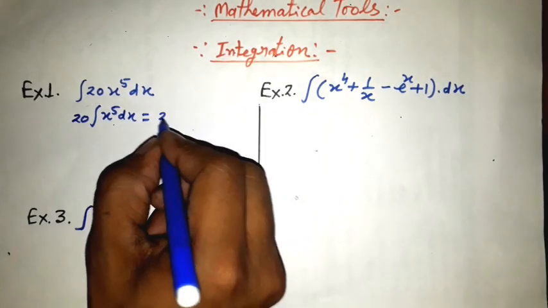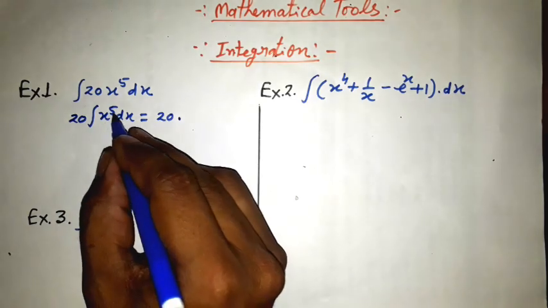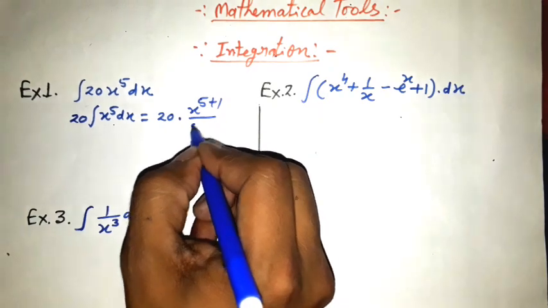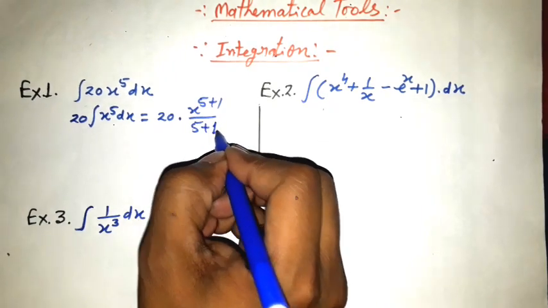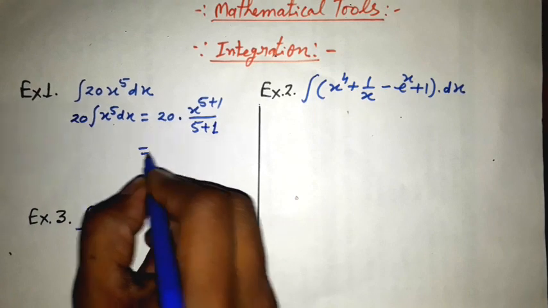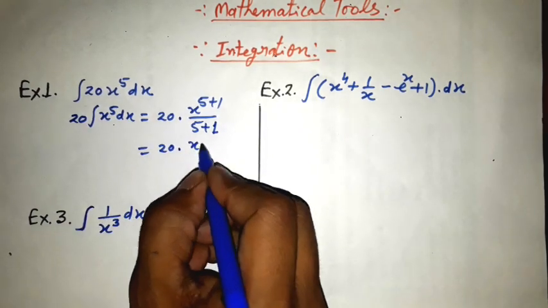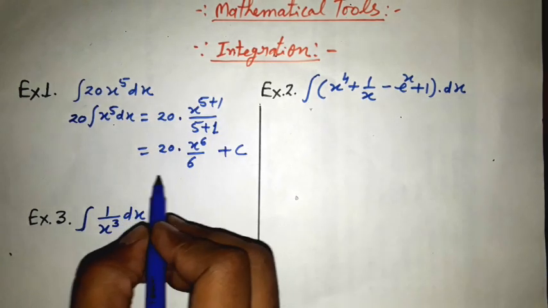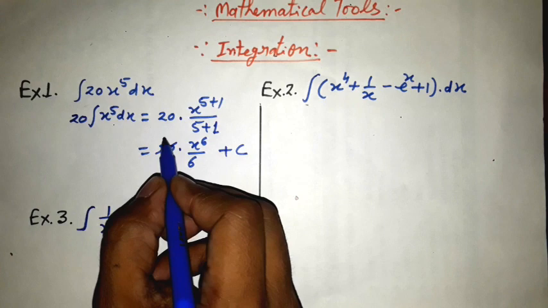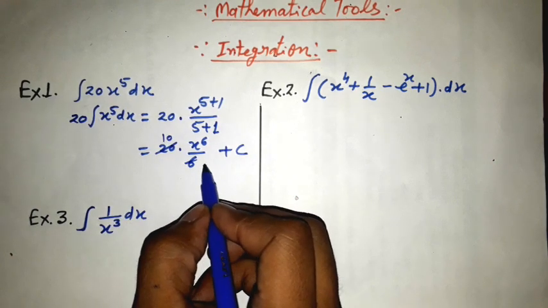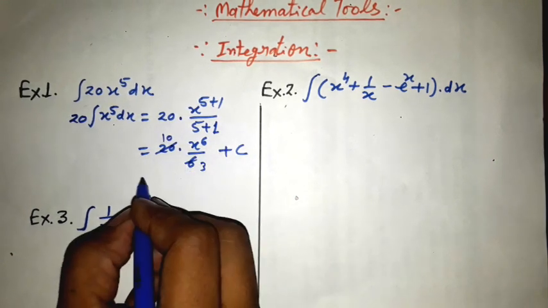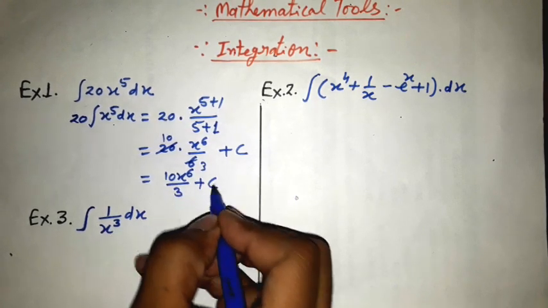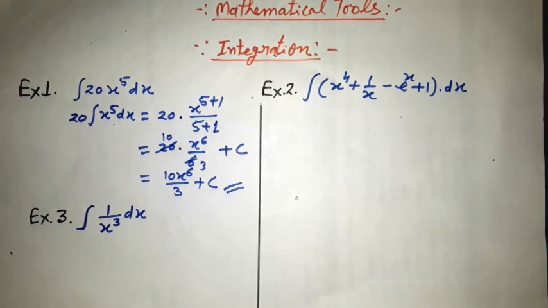Then we can write 20 into the formula of x to the power 5, that is x to the power 5 plus 1 upon 5 plus 1, then 20 into x to the power 6 upon 6 plus c. Then this will be 10 and this will be 3, so this is 10x to the power 6 upon 3 plus c. This is the final answer.